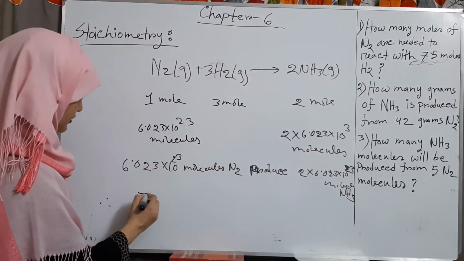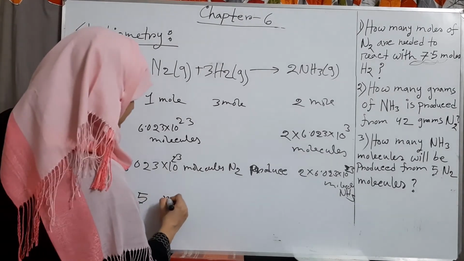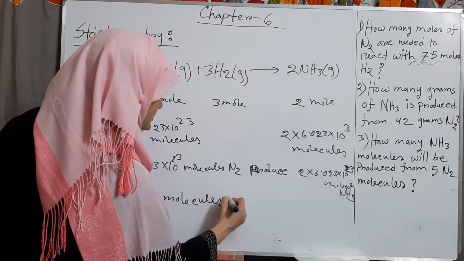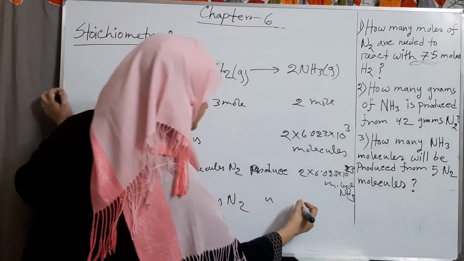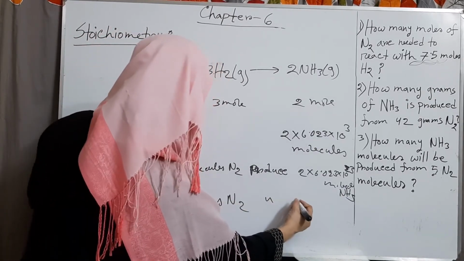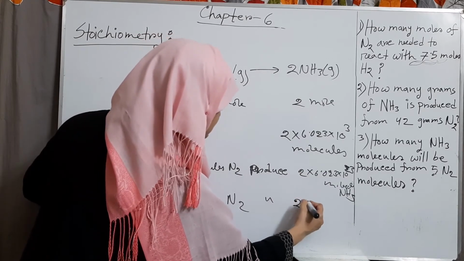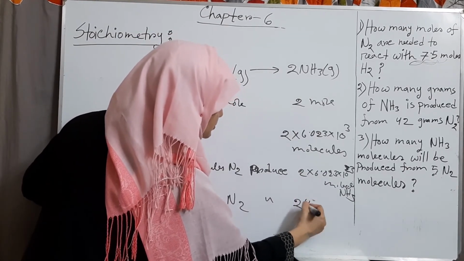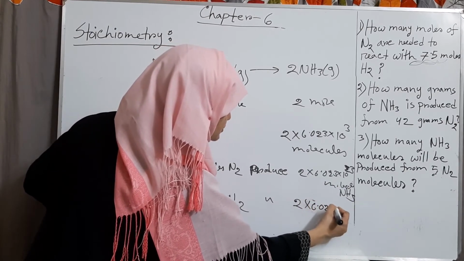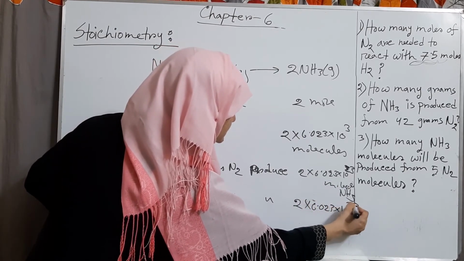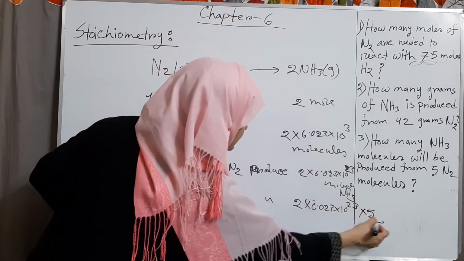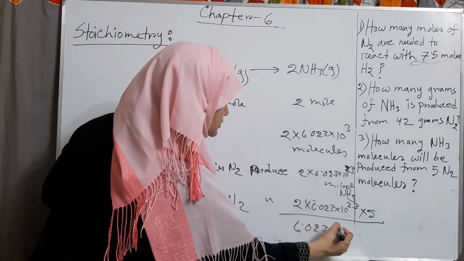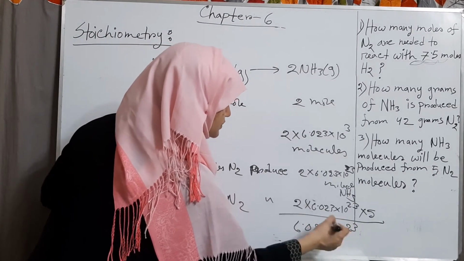So 5 molecules of nitrogen produce how much? 2 into 6.023 into 10 to the power 23 into 5 by 6.023 into 10 to the power 23.